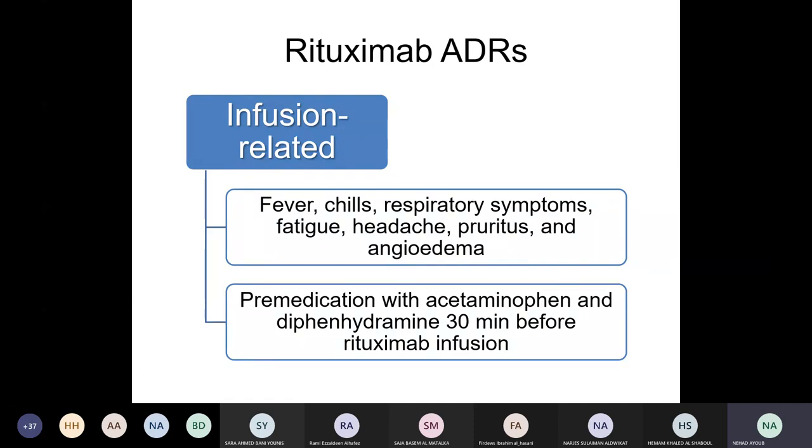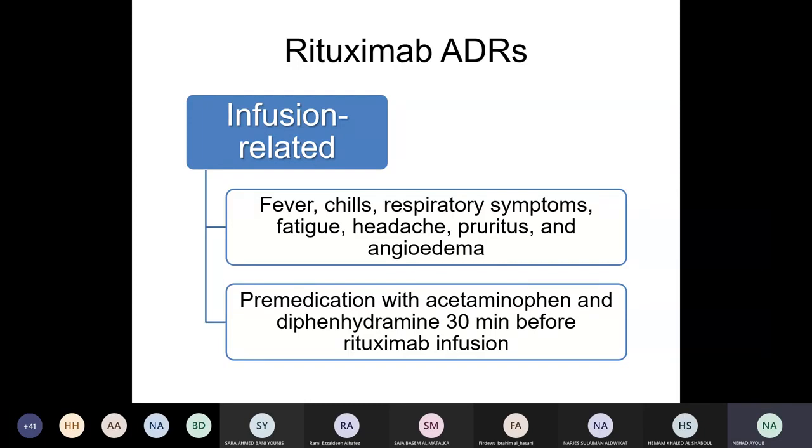Usually we pre-medicate, meaning we give a package of drugs before we start the infusion. This package usually contains paracetamol, acetaminophen, and sometimes steroids, for example hydrocortisone or another steroid. Usually also antihistamines, especially H1 antihistamines like diphenhydramine, given usually 30 minutes before we start the infusion, and we monitor the patient.